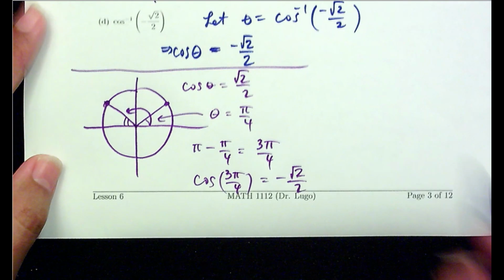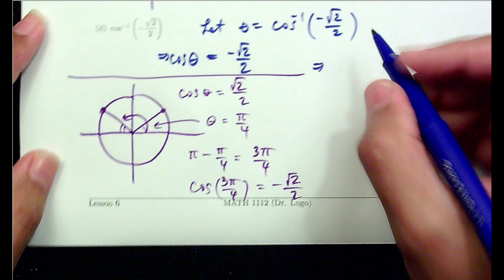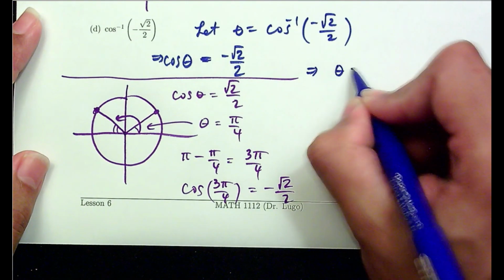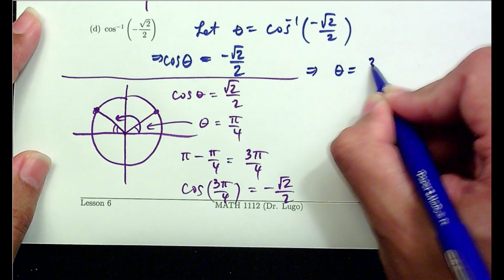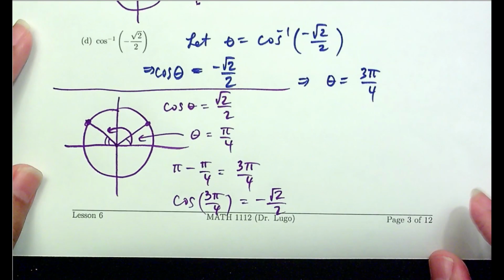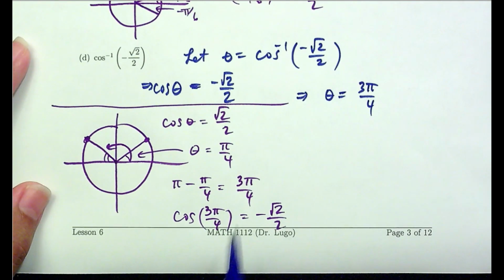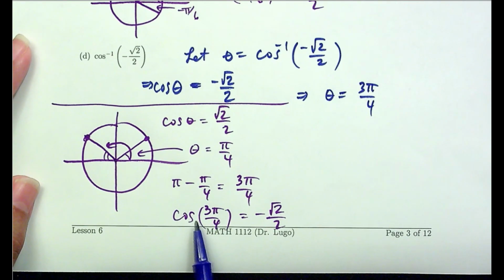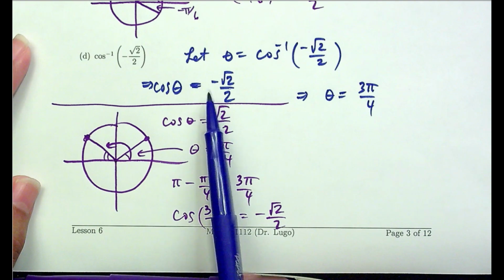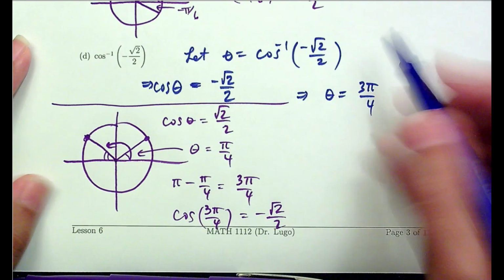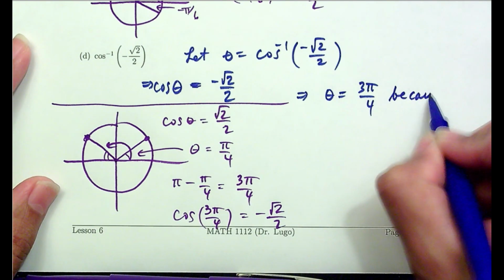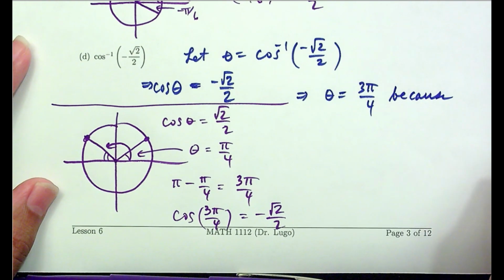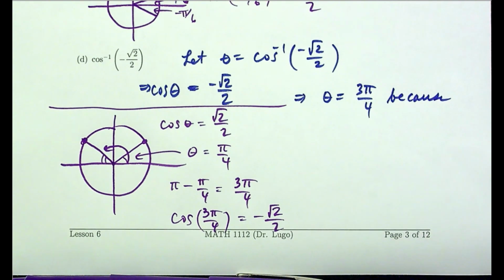Why? It checks both boxes. Let's talk about it. I say that the answer is 3 pi over 4. First box is the cosine of that angle is what I want, negative square root of 2 over 2. That's the first box. Check. Second box, it is in the right place. What is the right place for cosine inverse?